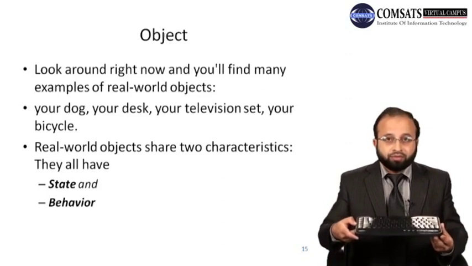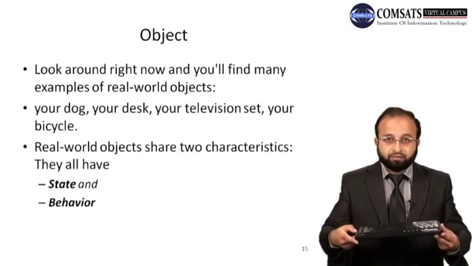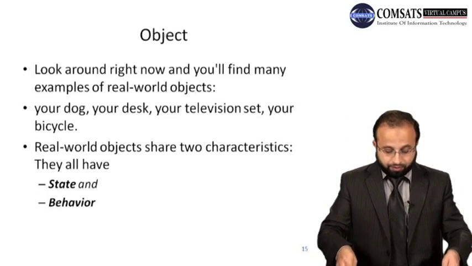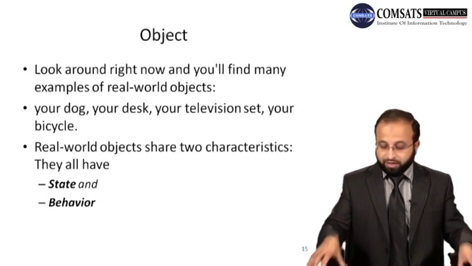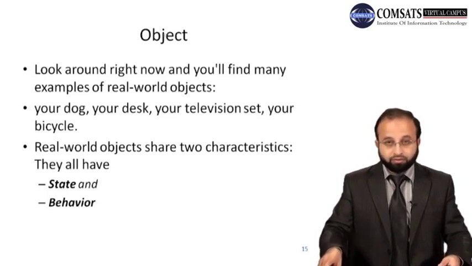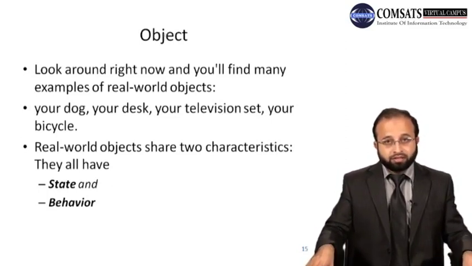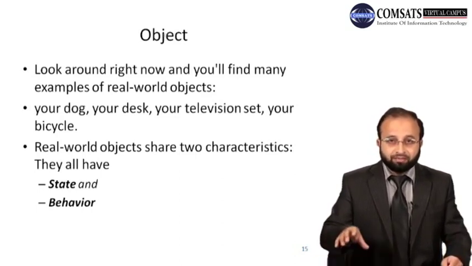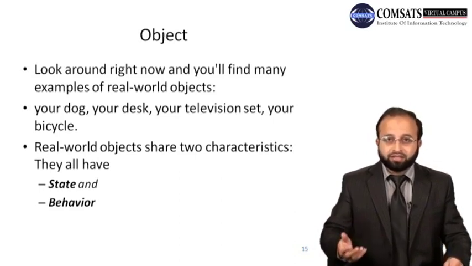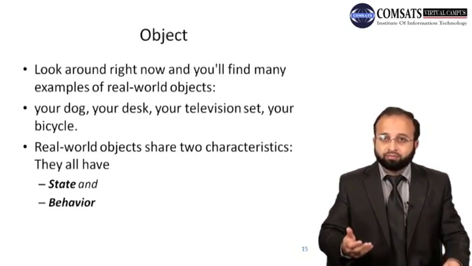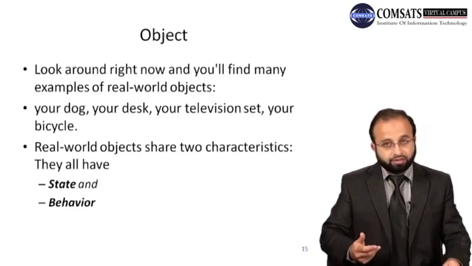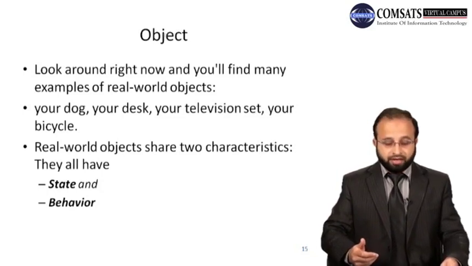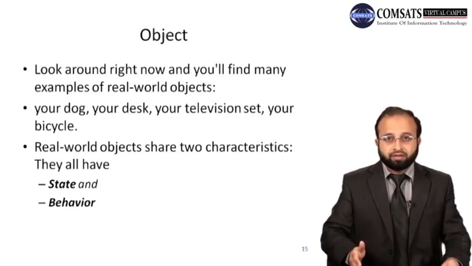We will see which class it is an object of, but this is an object, right? The chair on which I am sitting right now is also an object, right? The table on which this keyboard and this mouse are, this table is also an object, right? So everything that is tangible or that has some existence is basically an object, and every object in the real world has two characteristics: they have state and they have behavior.